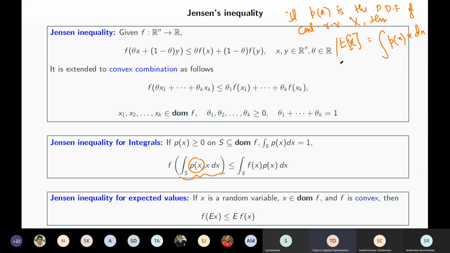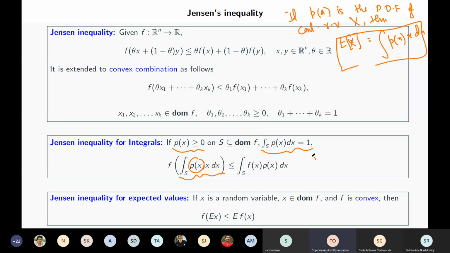If you recall this from probability, we can replace this, assuming p(x) is a probability density function. The way it is defined here, it satisfies all the criteria of a probability density function: p(x) is greater than or equal to 0, and the integral of p(x) dx is 1. That is exactly the requirement for p(x) to be a probability density function.